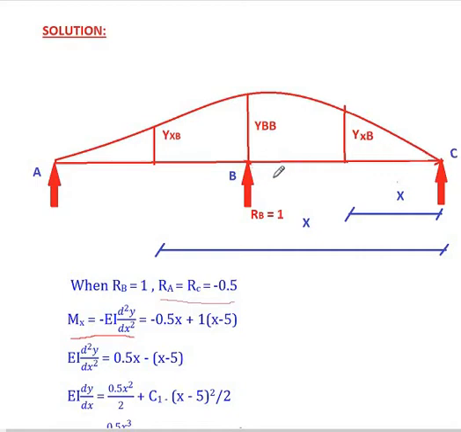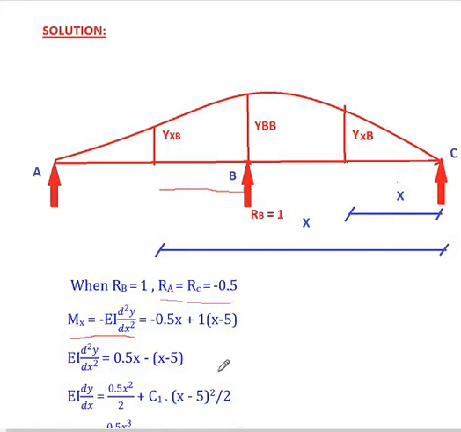Up to 0 to 5, the limit will be in the span BC, and 5 to 10 is up to A to C. So first we take the moment about x distance. The value of RC is minus 0.5, so minus 0.5 into x, which I represented here, plus the value of RB, which is 1 into x minus 5. x minus 5 is the distance between these two points.